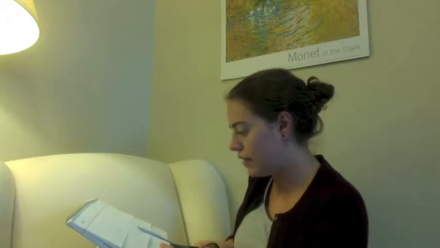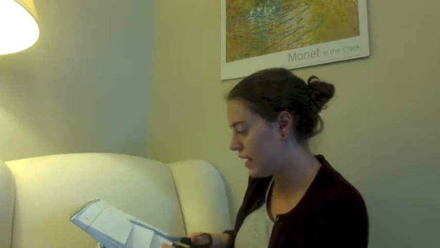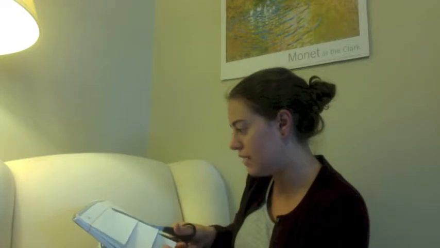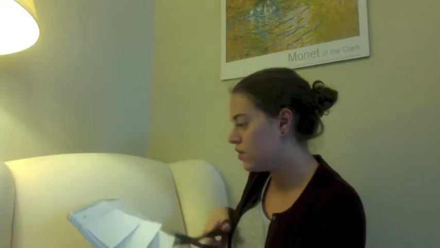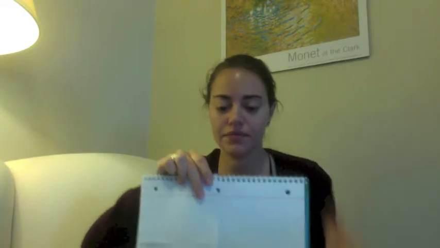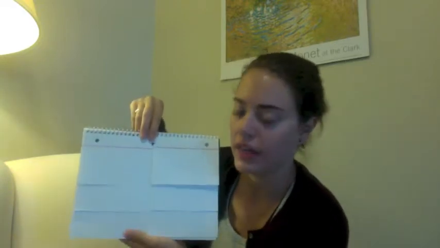I'm now cutting the middle layer, so I'm cutting 2 pieces at the same time. Now in this last layer, 3 pieces at the same time. And I'm going to go all the way to the spiral. So I went all the way through the hole here. You want to go all the way to the spiral so that you can do this and fold half of it back. Okay. So now your template should look like this.